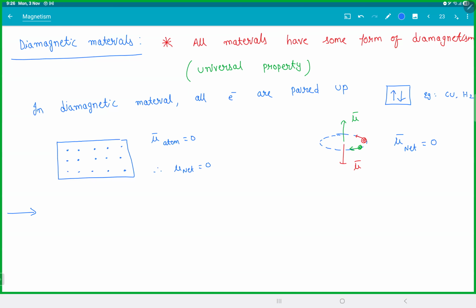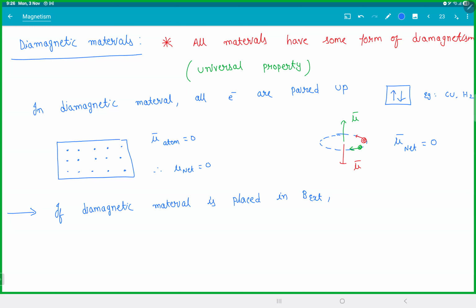So if you put an external magnetic field, when you place this in B external, what will happen? The field suddenly goes from 0 to B. When the magnetic field suddenly goes from 0 to B, what will happen?